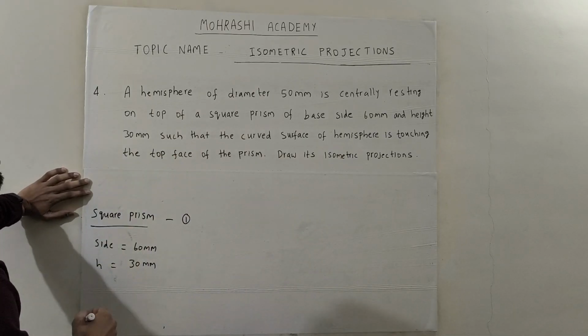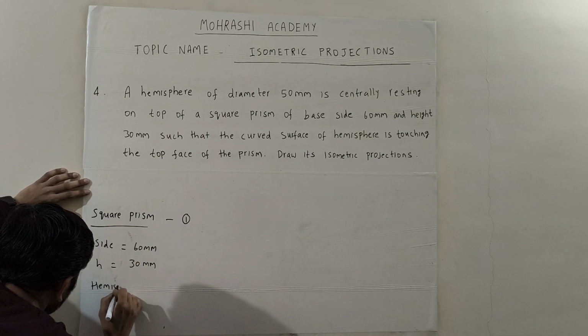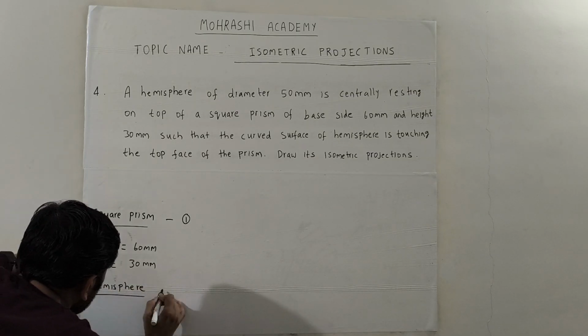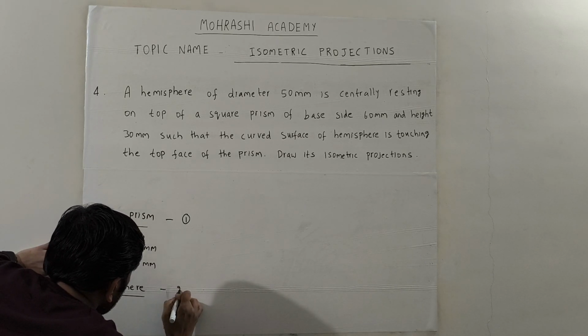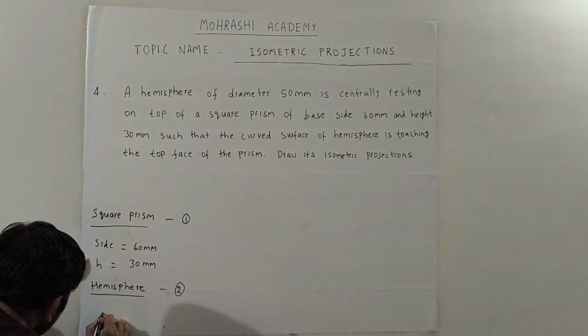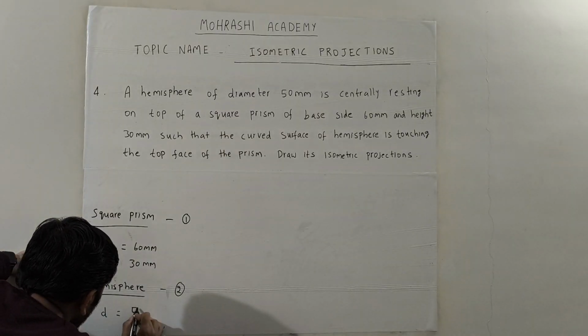The second one is a hemisphere of diameter equal to 50 mm.